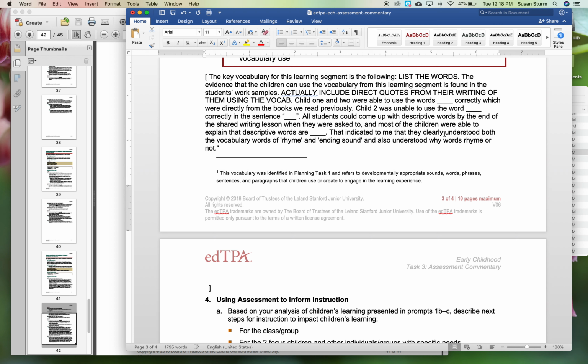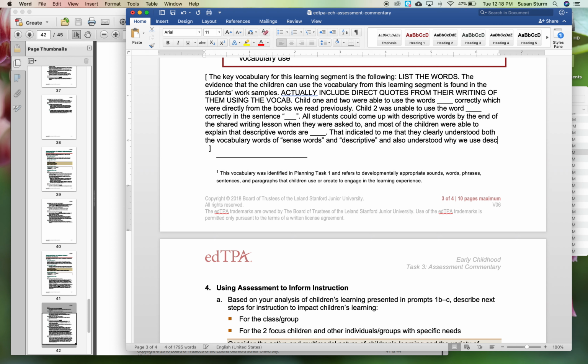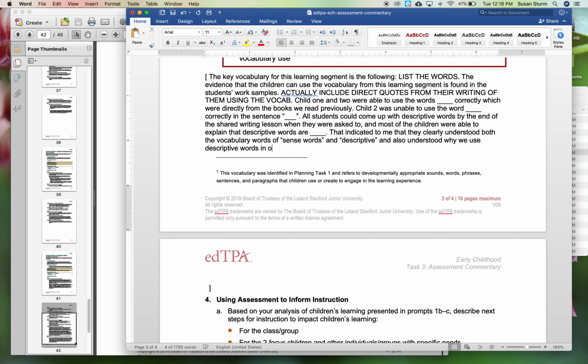That indicated to me that they clearly understood both the vocabulary words of sense words and descriptive, and also understood why we use descriptive words in our writing. Okay, so that's one example of how you might structure that response.